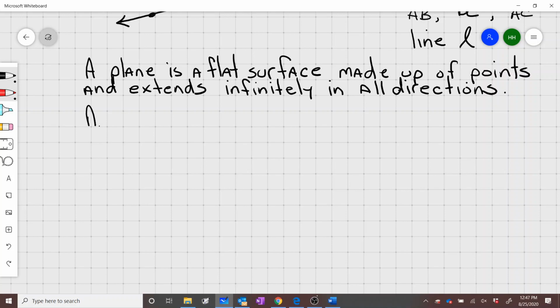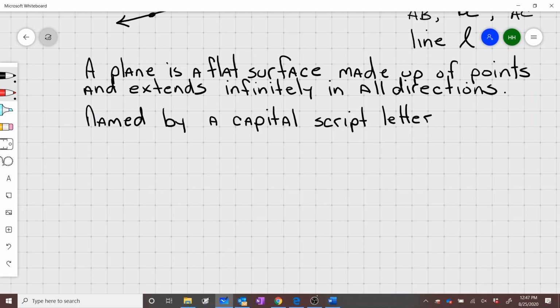It is named by a capital script letter or 3 non-collinear points.